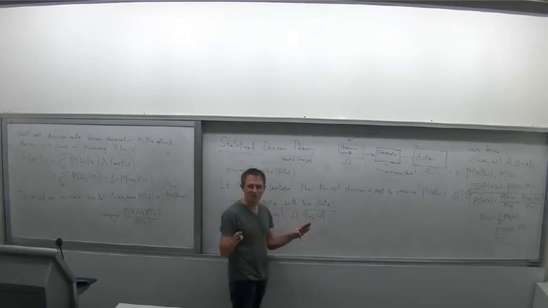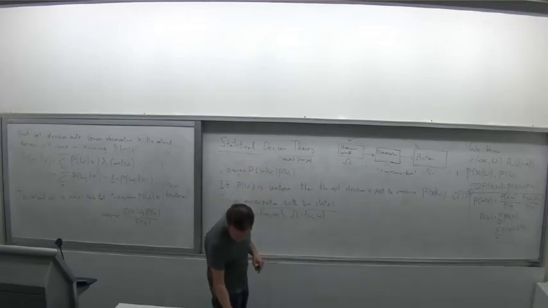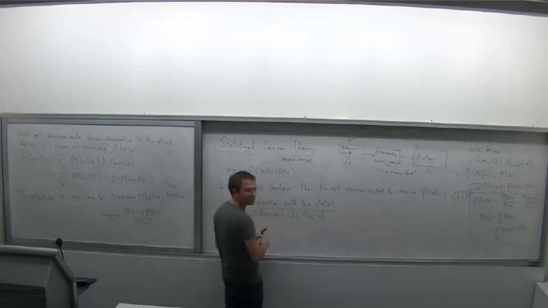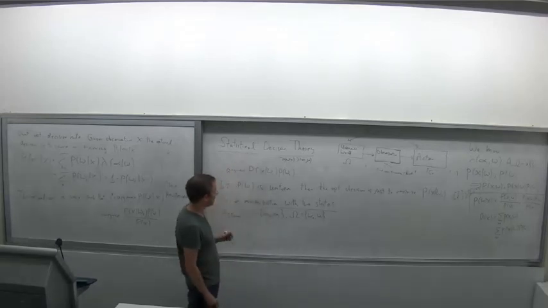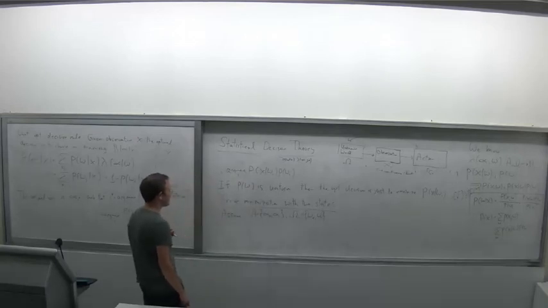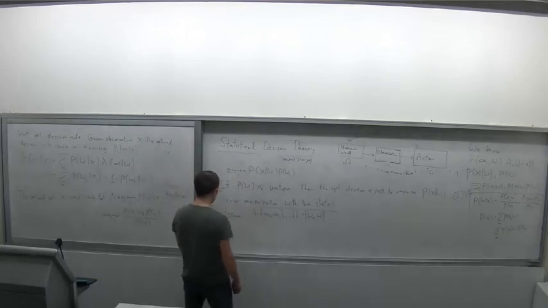We know that this is the game. We announced it ahead of time, and you have to tell me what I drew. But it's only going to be one of the two. So it's just a restricted form of the game that we had before.